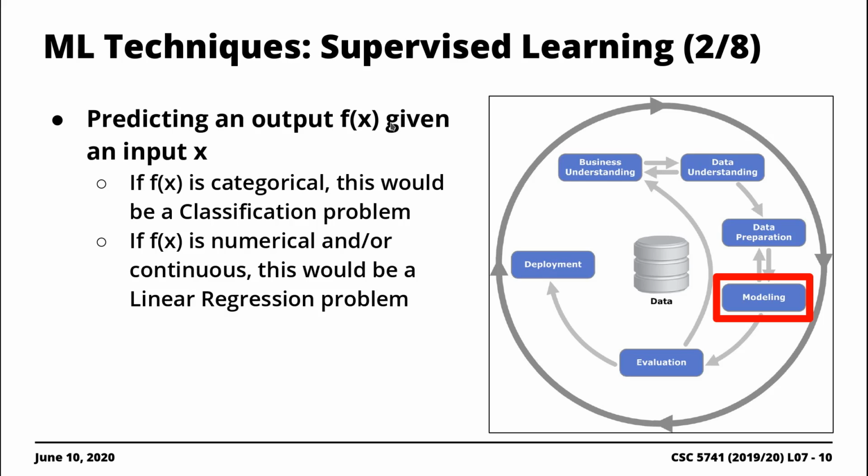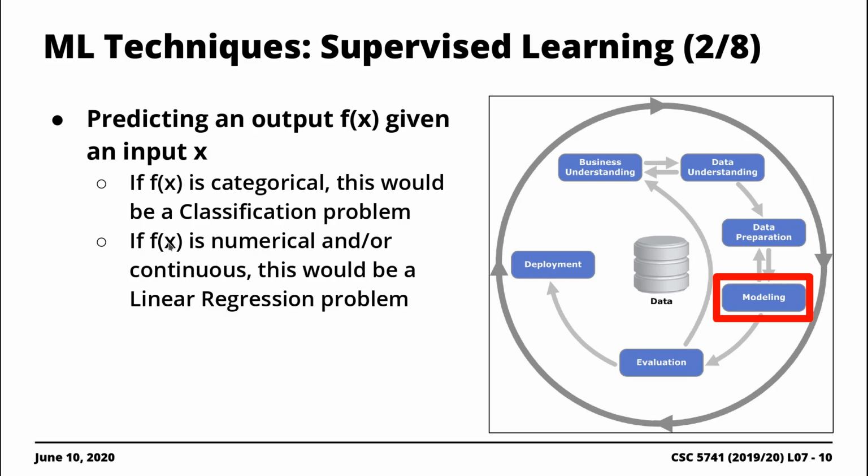So when you're predicting an f(x) given an input x, if the problem involves classifying a category, then that would be referred to as a classification type problem, right? So whenever the y that you are working with as part of your function is a category, so pass/fail, male/female, then that is a classification problem.